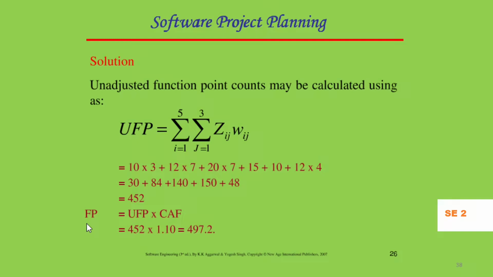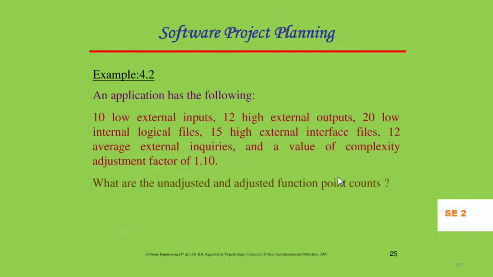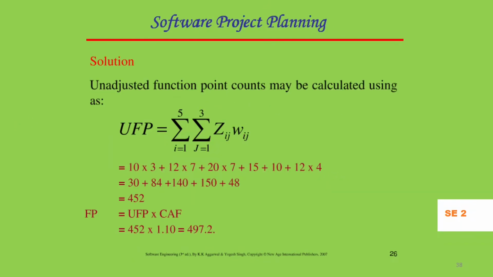If we're going to compute for the function point, it will be equal to UFP times CAF. FP is 452 times 1.10, which is given sa problem, complexity adjustment factor of 1.10, is equal to 452 times 1.10 is equal to 497.2 function points.